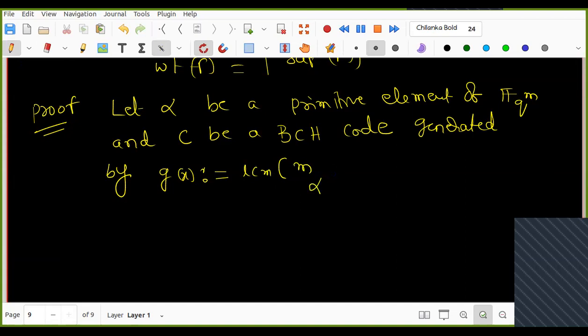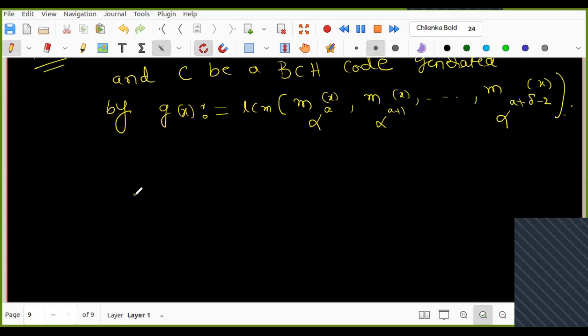It starts at some a: M_{alpha^a}(x), next is M_{alpha^(a+1)}(x), and the last one is M_{alpha^(a+delta-2)}(x). So g(x) is the LCM of these.